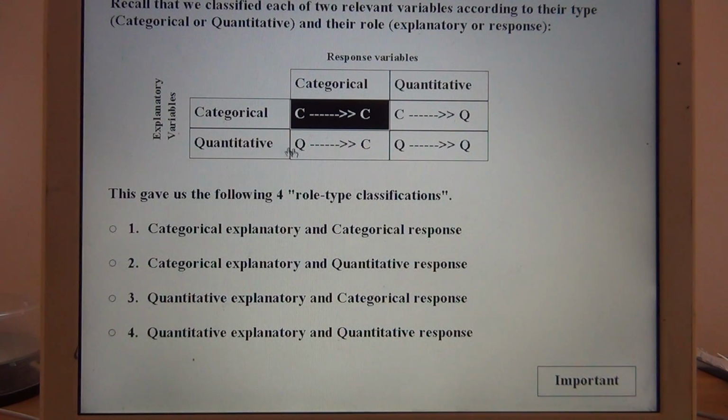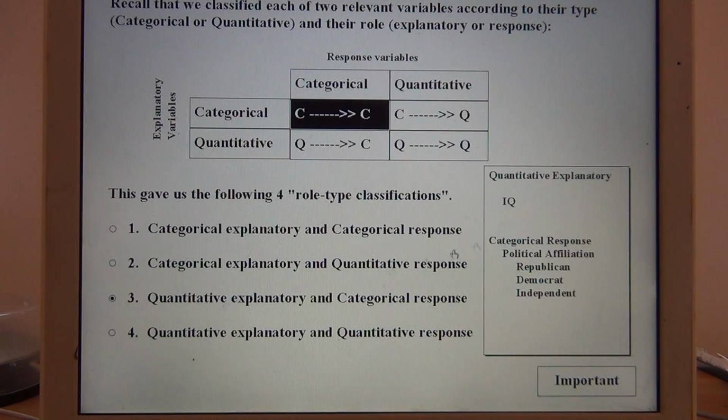Then the next one, we could have a quantitative explanatory variable and a categorical response variable, and that would be represented by this box. Let's take a look at what that might look like. Well, let's say we are interested in IQ as the explanatory variable and political affiliation.